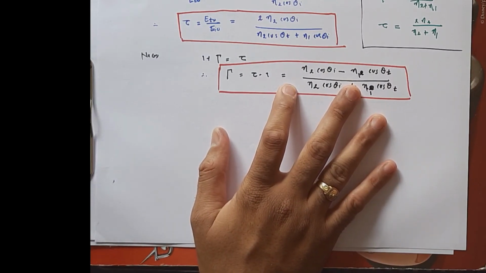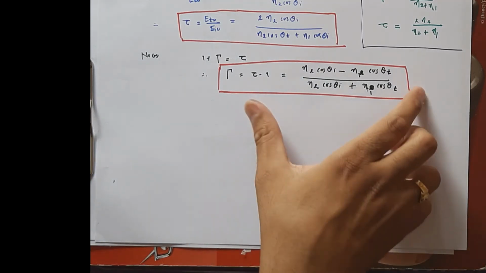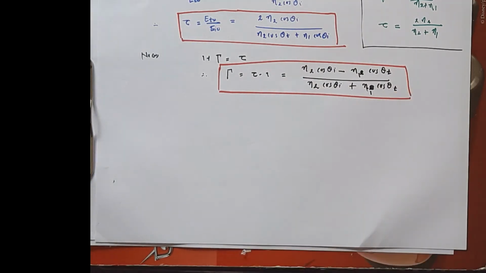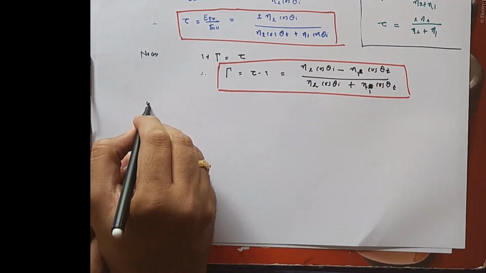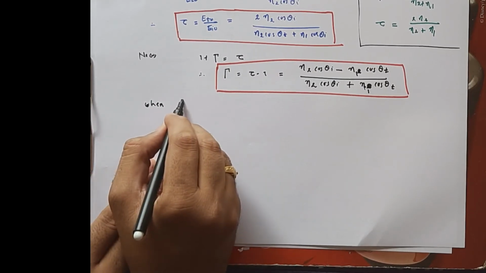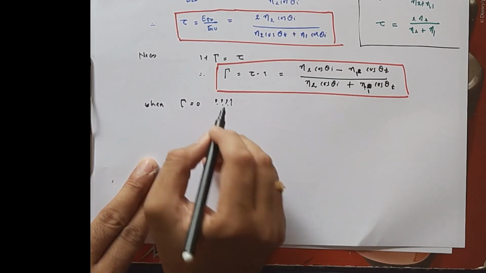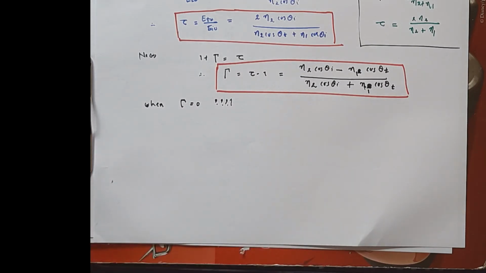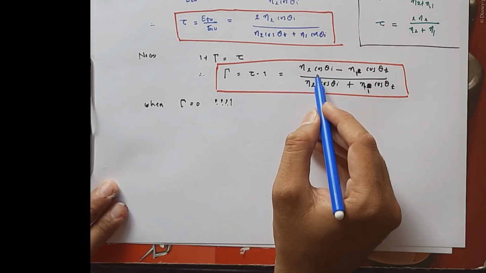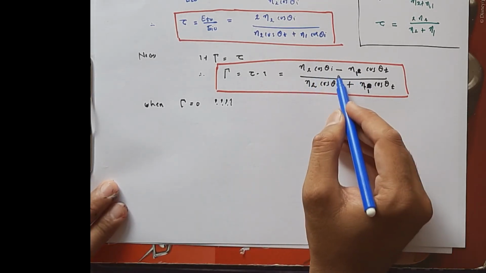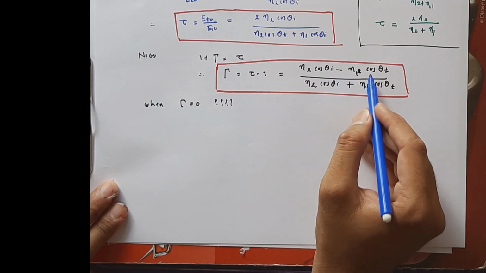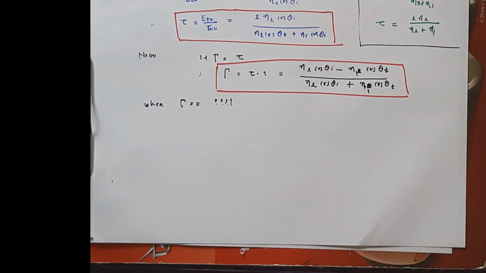Now, how do we analyze this equation? The question is: when is capital tau 0? Tell me when tau is 0. Tau is 0 when eta2 cos theta_i minus eta1 cos theta_t is equal to 0.